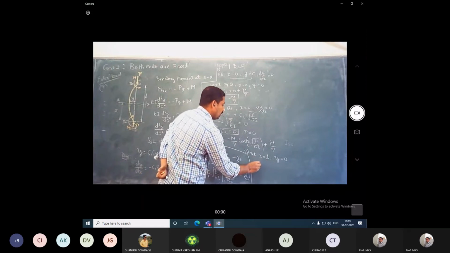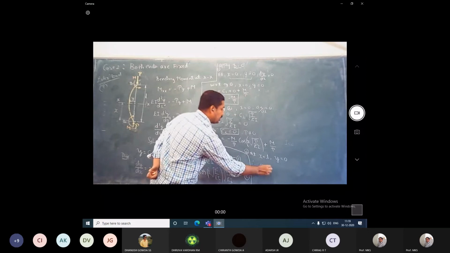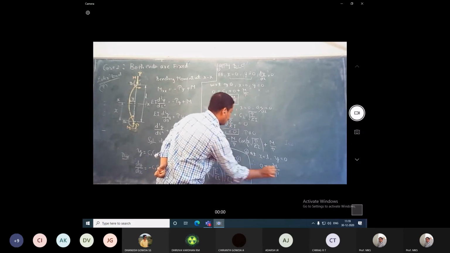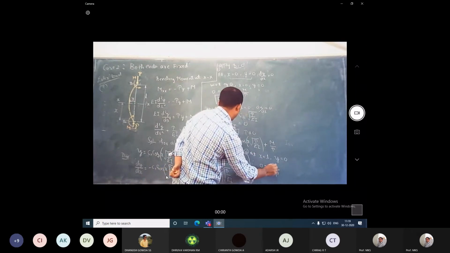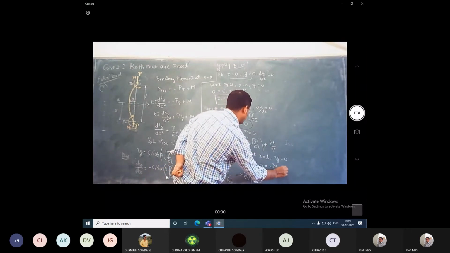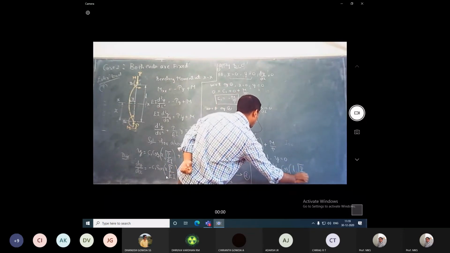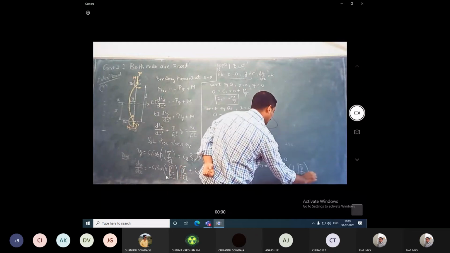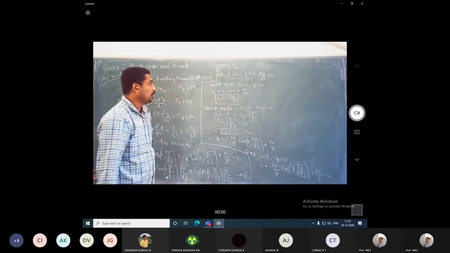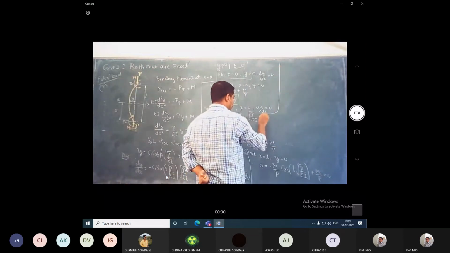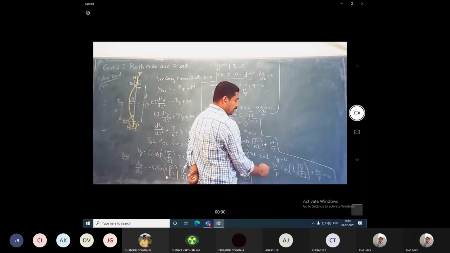Therefore, y is equal to 0. You apply here. It will be 0 is equal to minus m by p cos of L into root of p by EI, plus m by p is equal to 0. So you just reduce this, taking this to the other end.